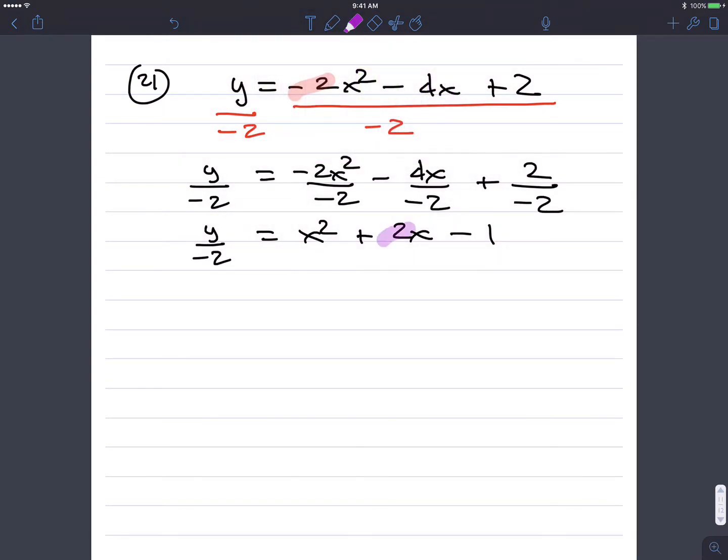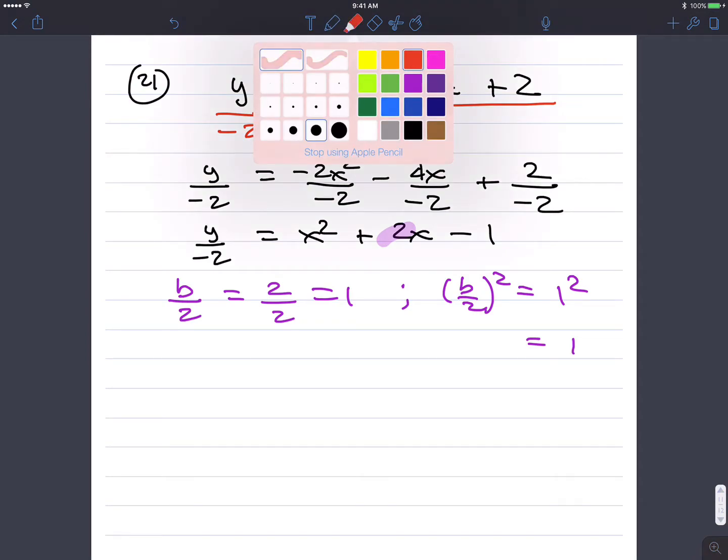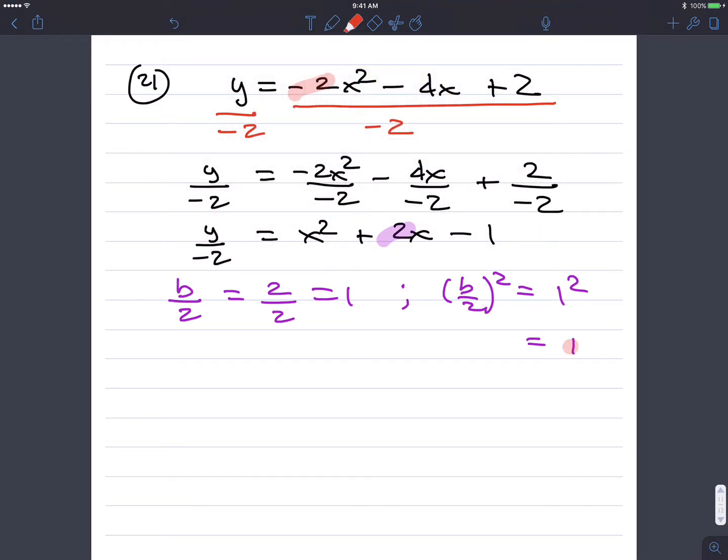We can now complete the square with our b value being positive 2. So b over 2 gives us 2 over 2, better known as 1. b over 2 squared is 1 squared, better known as 1. We're going to use that value immediately.